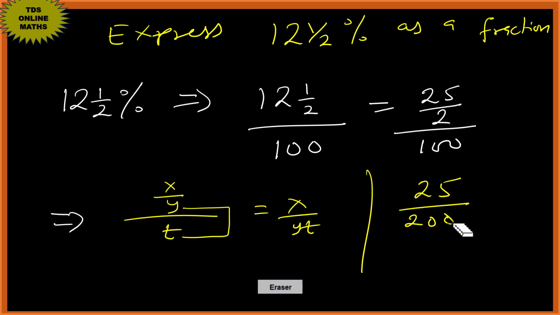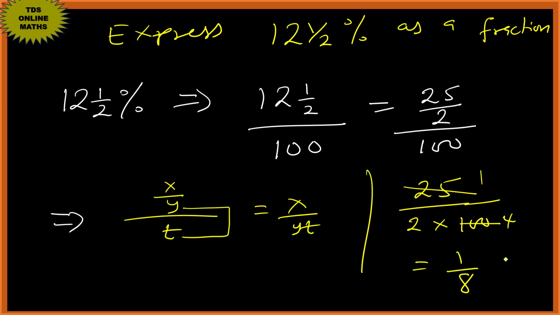Or you can say 2 times 100, okay? 5 here 1, 5 here 4. So we have 1 on 8. So this one has been expressed as a fraction, okay?